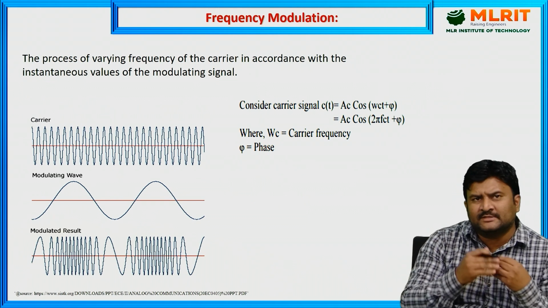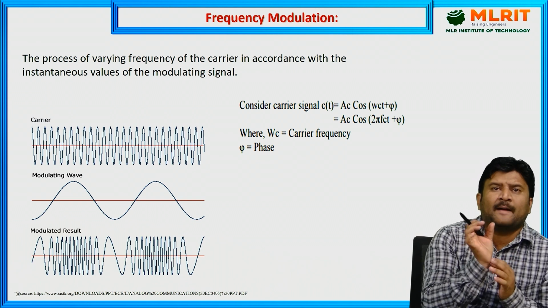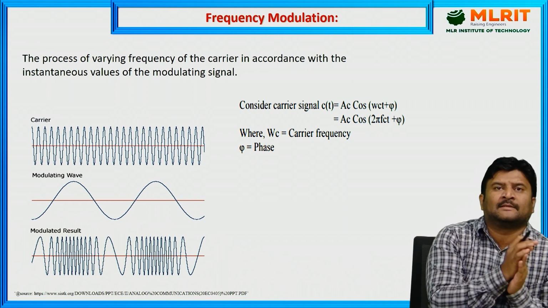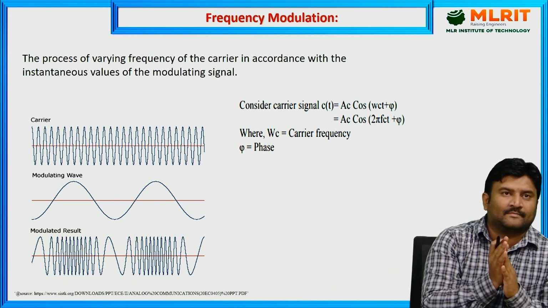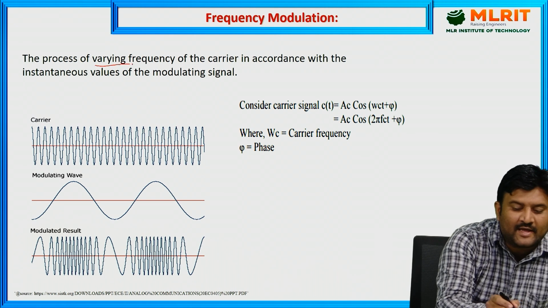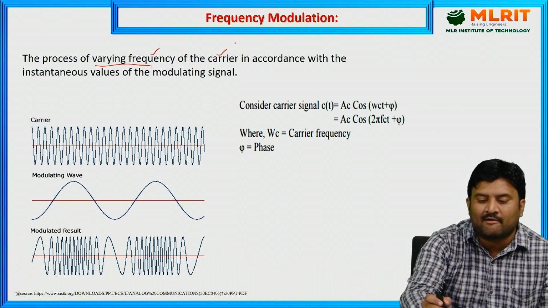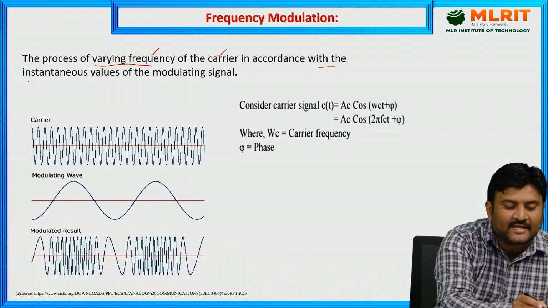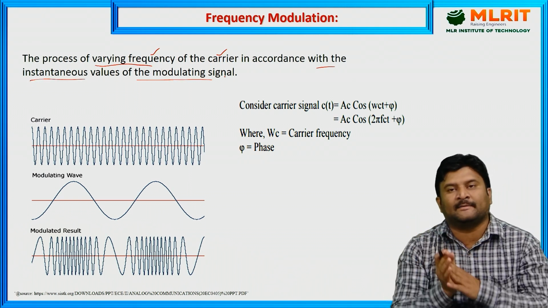As with the definition of amplitude modulation, where the amplitude of the carrier signal is varied according to amplitude levels of the modulating signal, here frequency modulation is the process of varying the frequency of the carrier in accordance with the instantaneous values of the modulating signal. The frequency is varying.